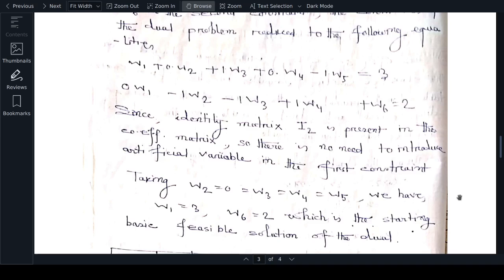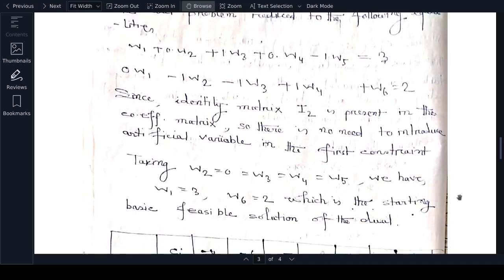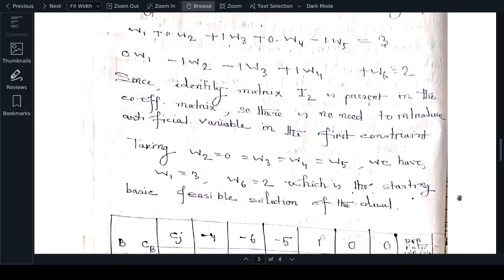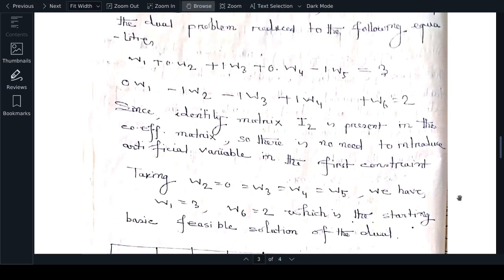Next, we get the identity matrix from which variables? W1 and W6. Okay, so here there are 6 variables and 2 equations, so 4 variables are equal to 0. Which 4 variables are equal to 0? W2, W3, W4, W5, because W1 and W6 give us the identity matrix.